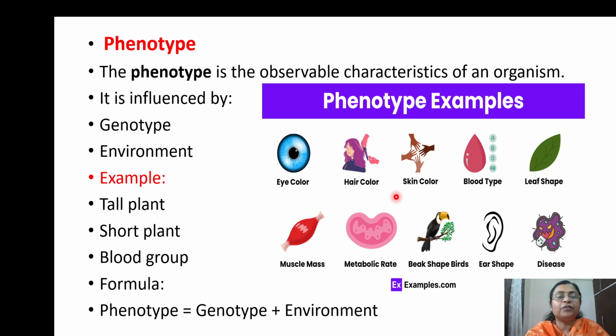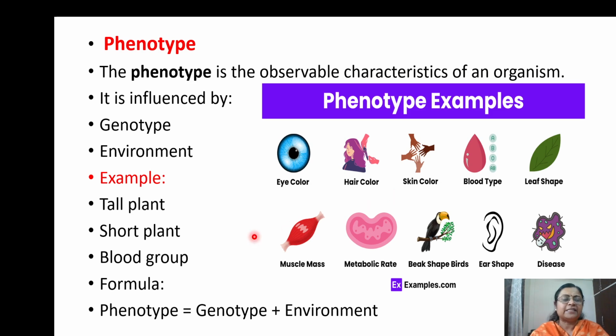Now move towards phenotype. The phenotype is an observable characteristic of an organism. Genotypic characteristics we cannot observe, but we can observe the phenotypic characteristics. These phenotypic characteristics are also influenced by genotype and environment.